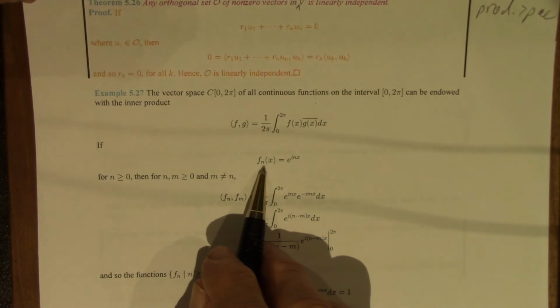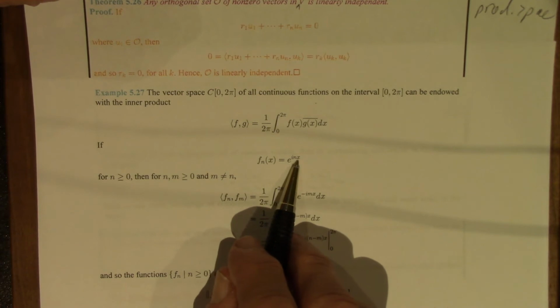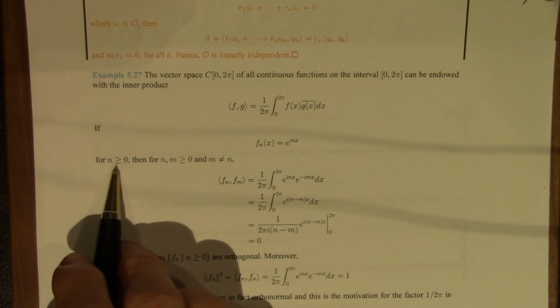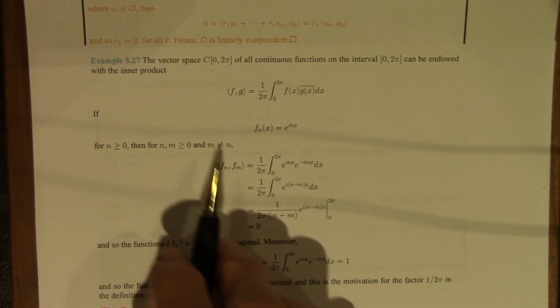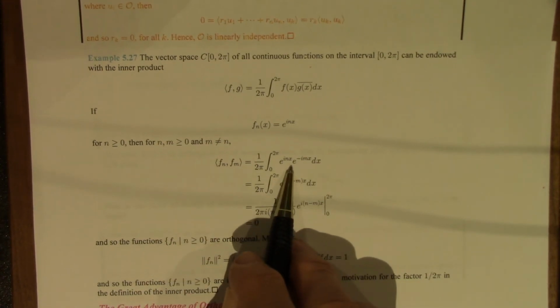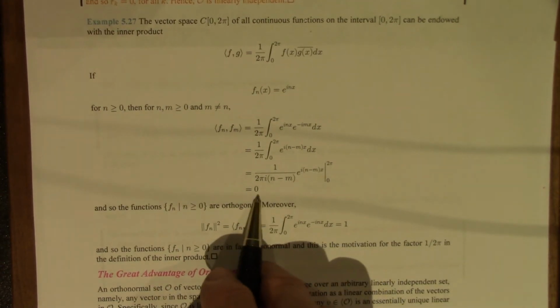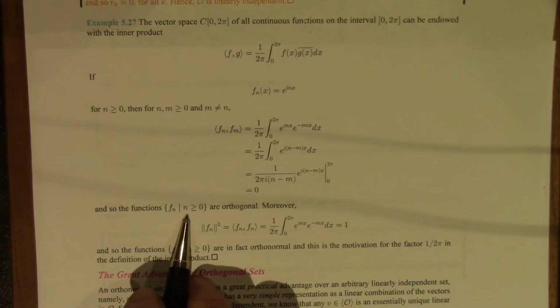If we take the exponential functions, fn of x equals e to the inx, for n bigger than or equal to 0, then if we take two of these, take their inner product, m and n are different, we get this integral, which evaluates this way, and we get 0. So this set of functions is orthogonal.